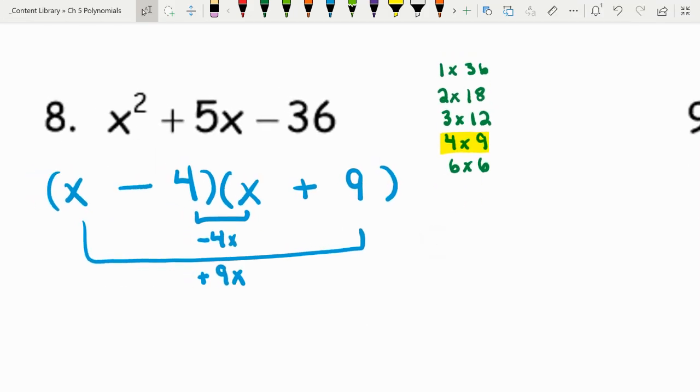So any issues with 8? Any questions with 8? I'll kind of keep pausing. You guys keep going way ahead of me, but stop me if you see something I do that you don't understand.